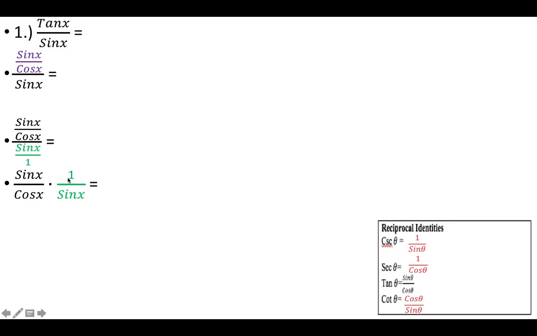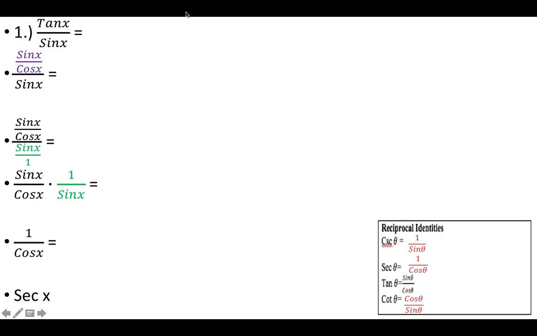So what you're left with is 1 on top and cosine at the bottom. Lastly, if I look at my key right here that's in your notes, 1 over cosine of x is equal to secant of x. So this is just equal to secant.